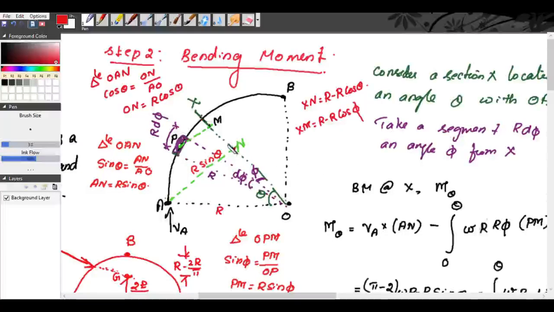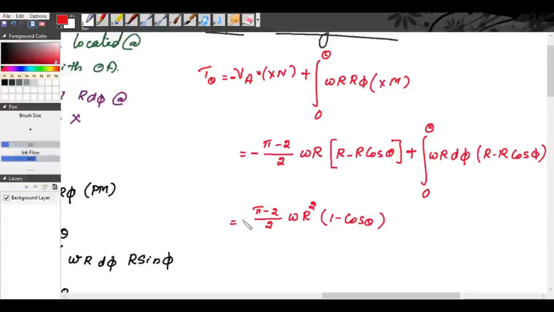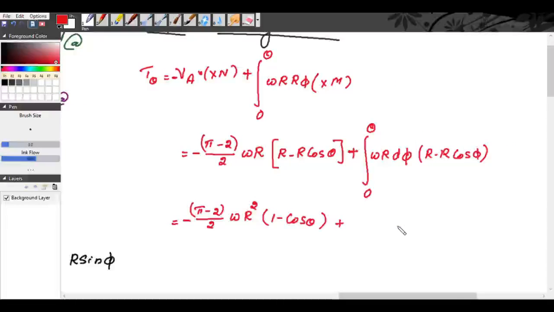So this becomes minus and this becomes plus. So minus (pi minus 2) by 2, plus, you can take this R out.